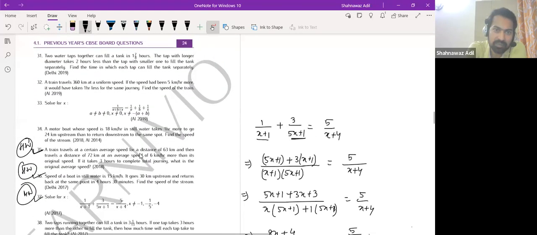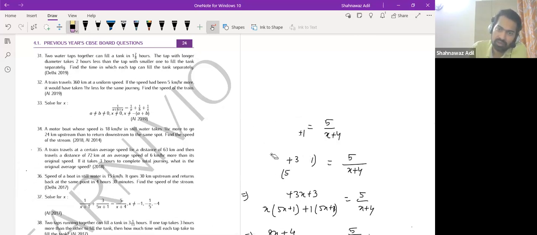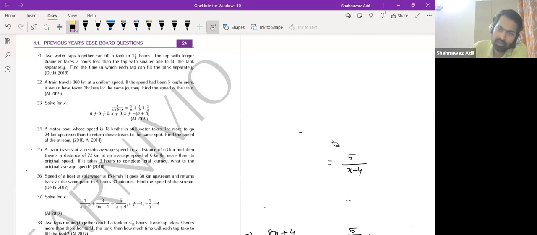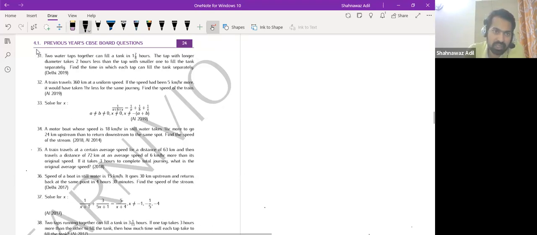Okay, two water taps. This one is a question that has been asked many times, so you guys do it at home.